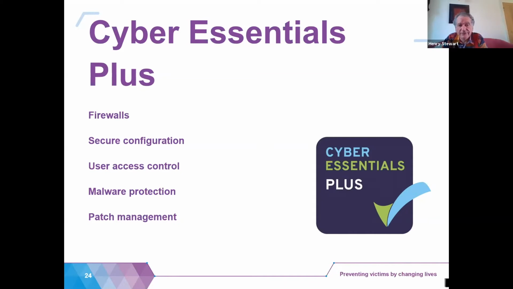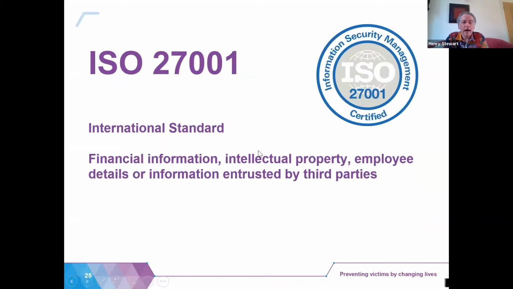That's the core things you need for Cyber Essentials Plus, and you will have up to June to achieve that, but many of you have got it. Some of you have got the basics and need to upgrade to that. Okay, ISO 27001 is the international standard for information security management, and you need either that or IASME by six months after commencement.